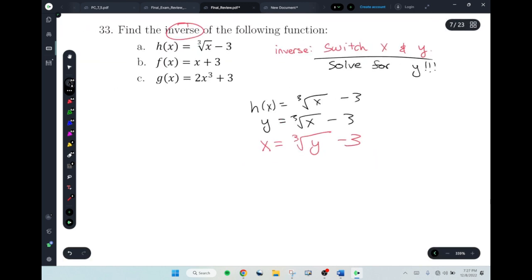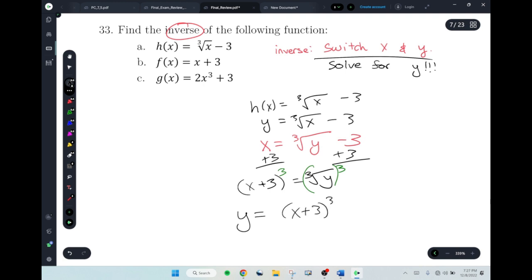So you get plus 3 on both sides. x plus 3 equals the root of y. How do you get rid of that root? You cube both sides. And you get y equals x plus 3 cubed, and you're done.